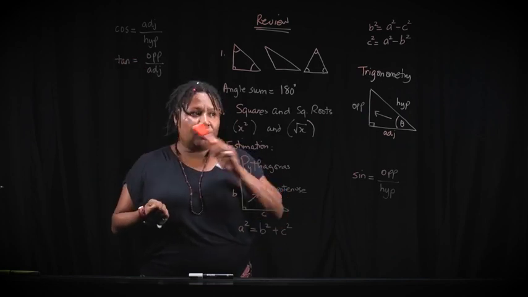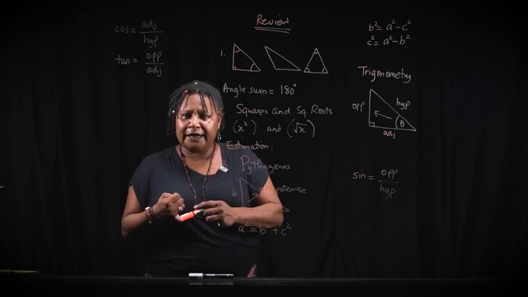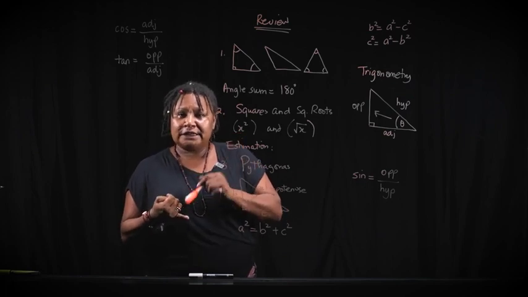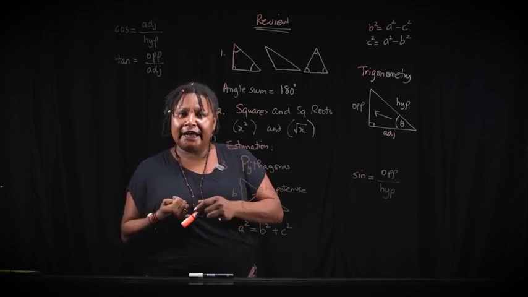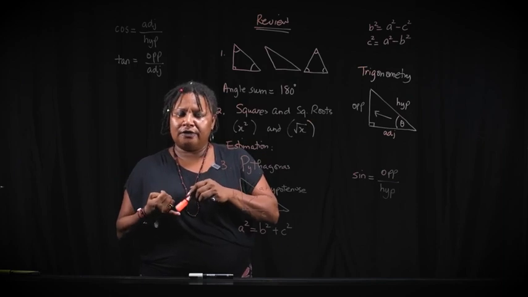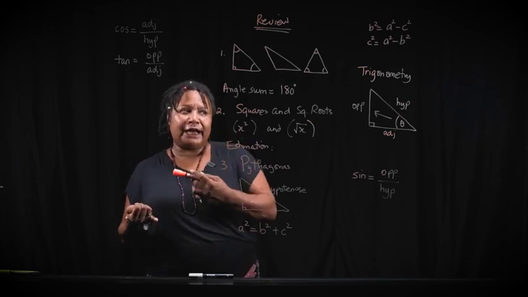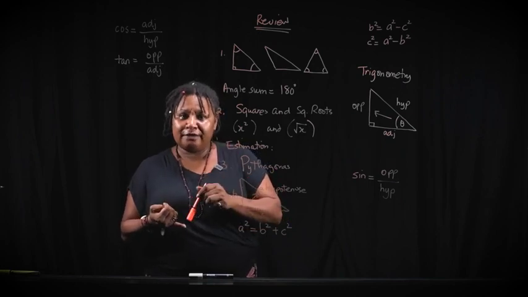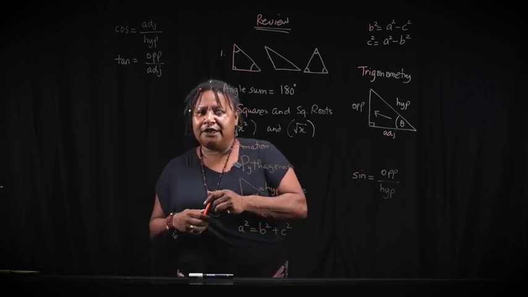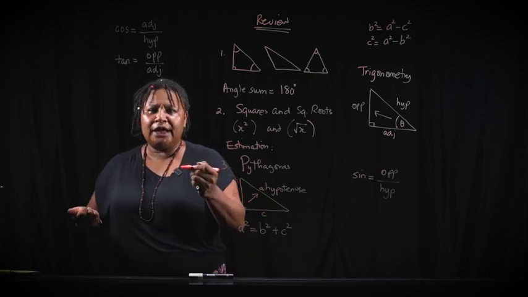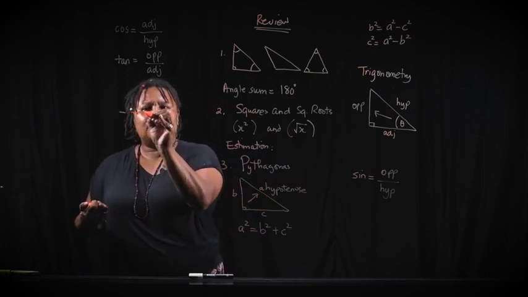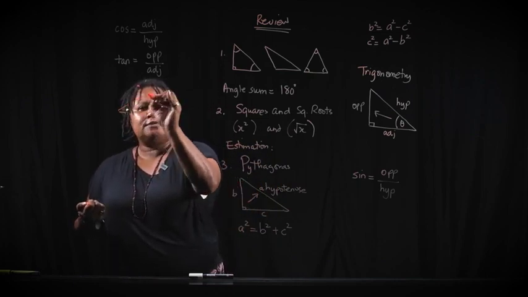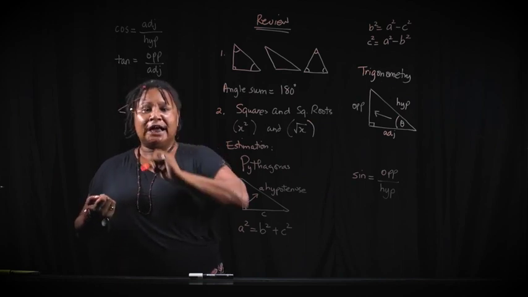All three ratios are used to find the length of sides given an angle in the right angle triangle. We applied the trig ratios in angles of elevation and depression. Important that you remember that an angle of elevation is formed when you are looking upward.